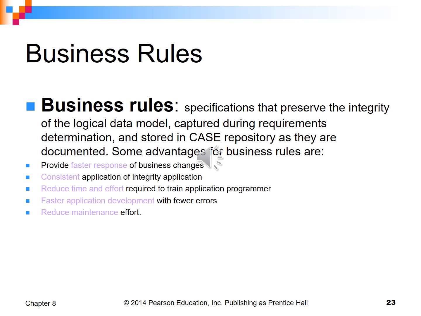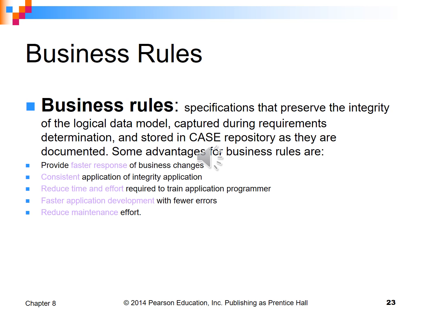Reduce time and effort required to train application programmers. Without this, that business rule would have to be in 3, 4, 5 programs or whatever. So we put it in one place, and we don't need to train those programmers to understand that business rule. The DBA again puts it in the database definition.